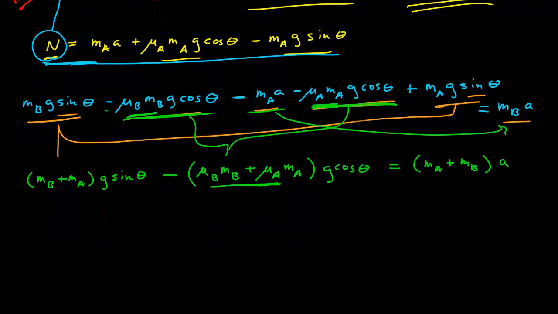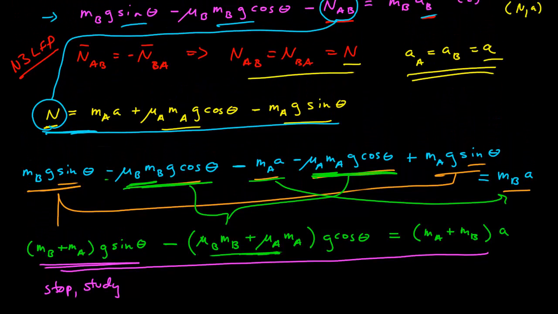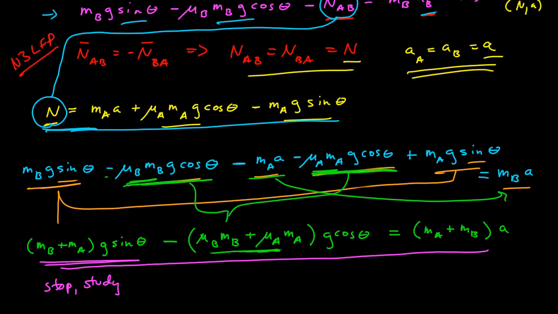All right, what that did is it gave me something I can look at to see if this sort of thing makes sense to me. I'm going to stop and study this. So what does this mean? Well, this right here is a component of the gravitational acceleration.